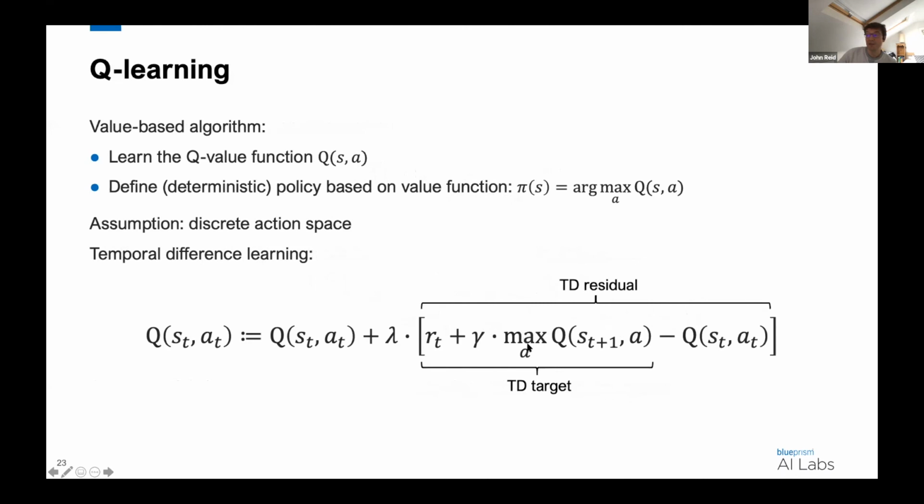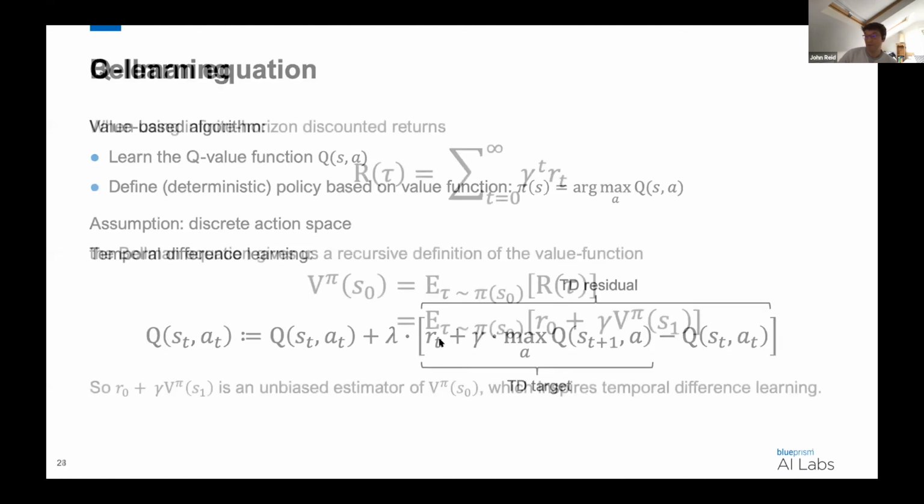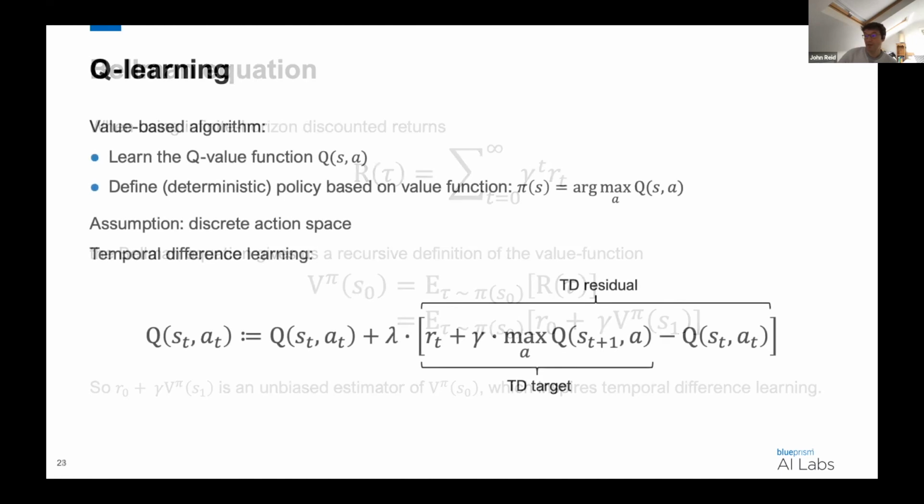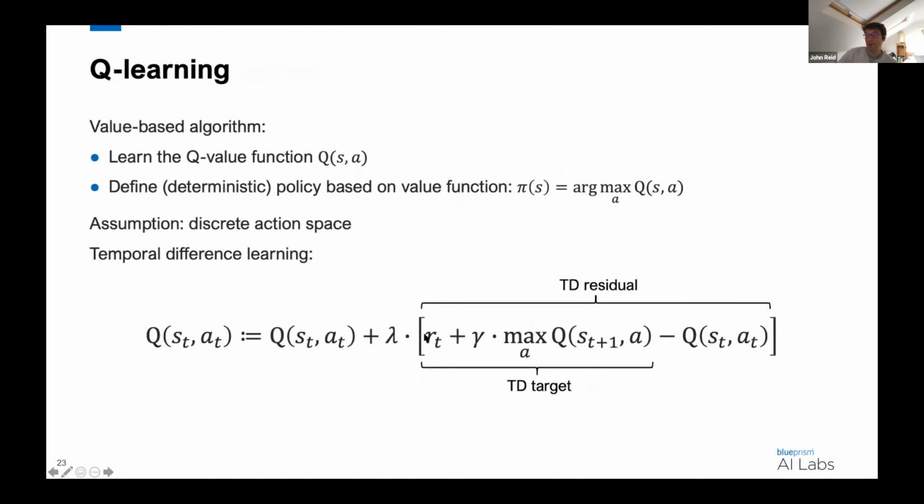So this matches exactly the policy pi. So we've got a discounted V, gamma times V plus RT, which is exactly what we see in this Bellman equation. So the Bellman equation is telling us that this TD target is an unbiased estimator, and then we're just going to use this unbiased estimator to update our current estimate.